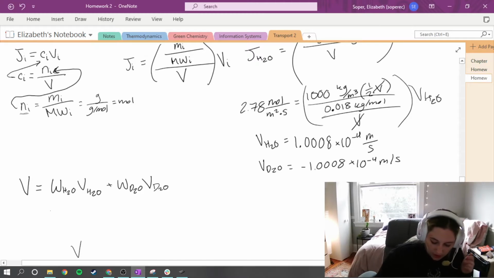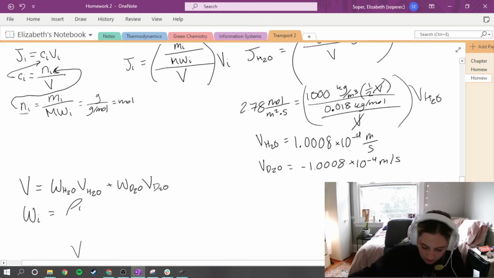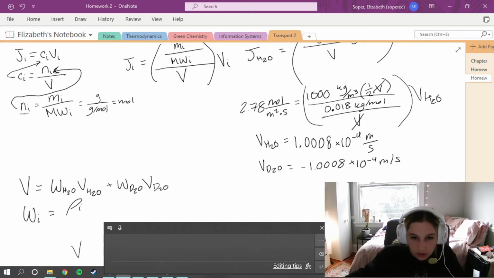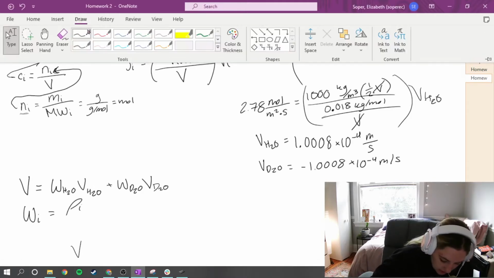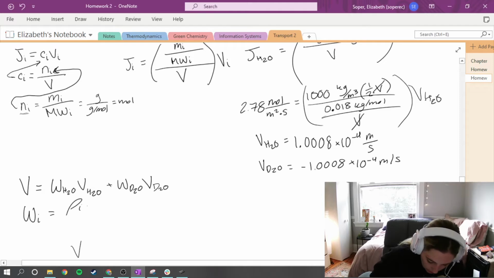Let's also remember that the mass fraction equals the mass concentration of that component over the total mass concentration.